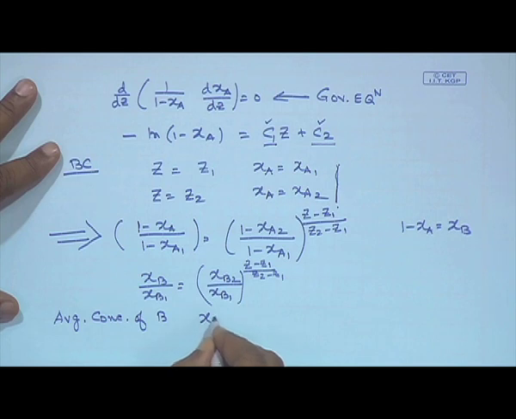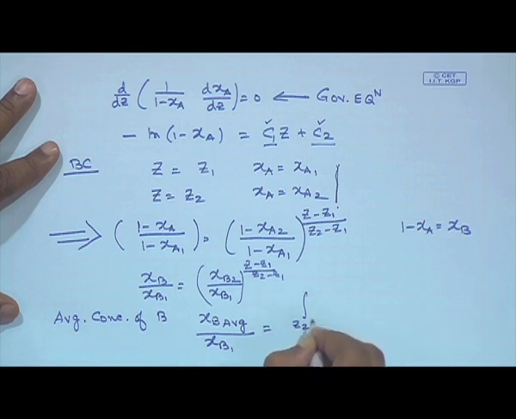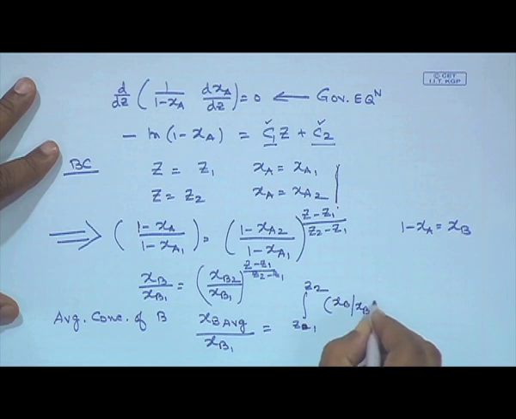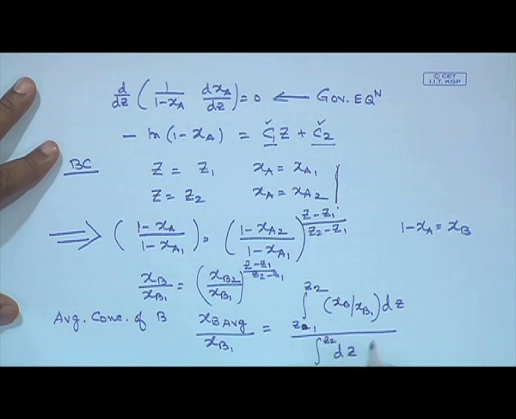So the average concentration of B, x_B average in the dimensionless form by x_B1, would simply be equal to the integral from z1 to z2 of x_B by x_B1 dz, divided by the integral from z1 to z2 of dz. This x_B average is nothing but the length average value of the mole fraction of B along the entire length of the tube.